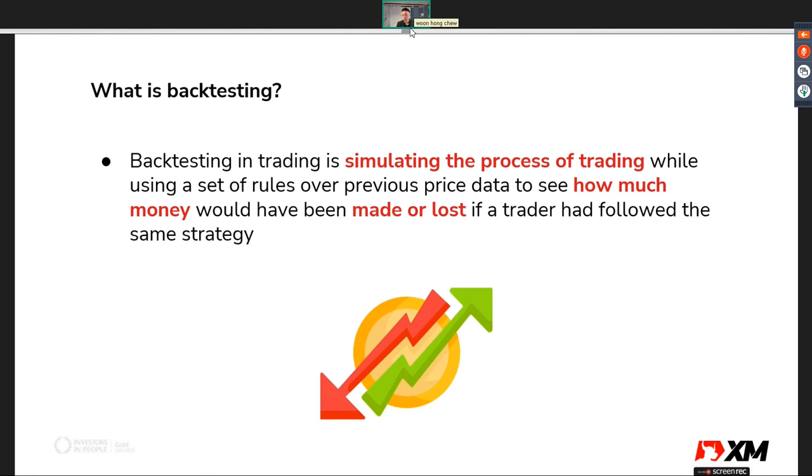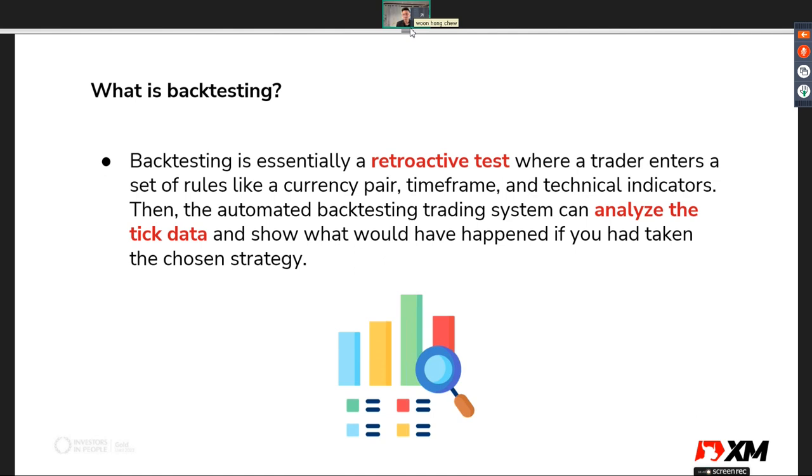So it's essentially a retroactive test where a trader enters a set of rules like a currency pair, time frame, and technical indicators. For example, you are only backtesting your strategy on Euro USD and on higher time frames like the 4 hour, 1 hour, and 15-minute time frames for your entry.